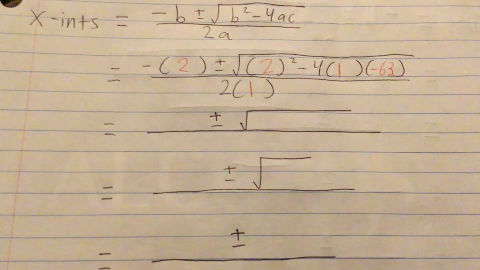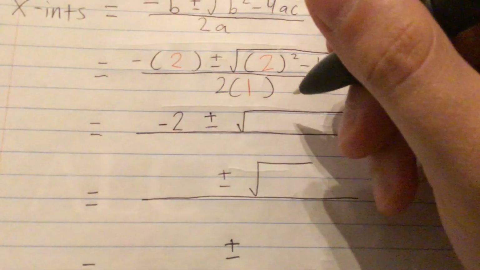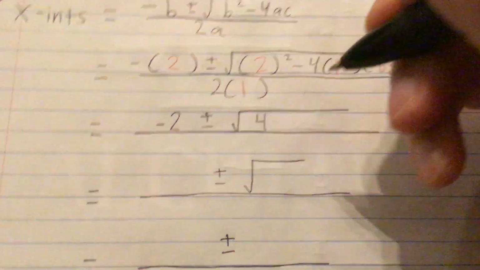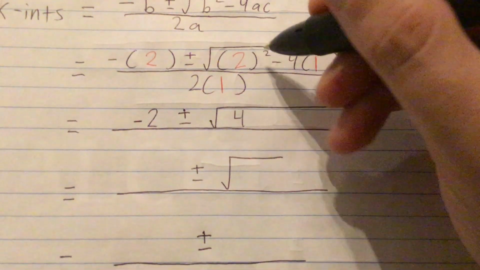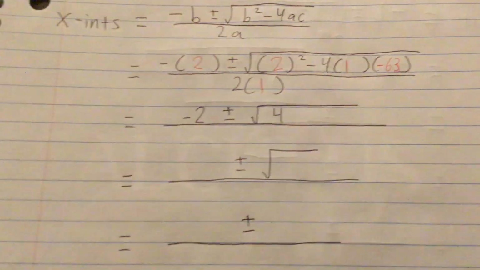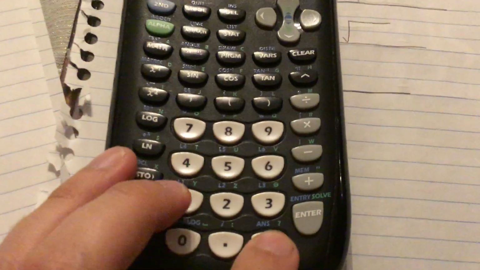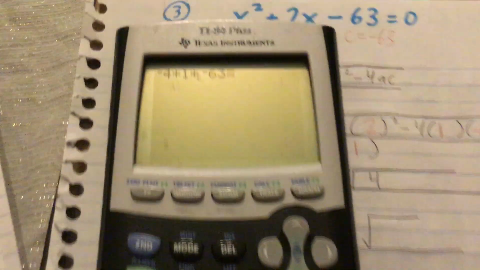Again, all the problems today have a is equal to 1. Now, let's plug in negative 2 plus or minus the square root of 4, right? That's 2 squared. And then a negative 4 times a positive 1 times a negative 63. We've got 2 negatives, so I bet you it's going to be positive. Let's plug it in. Clear. Negative 4 times 1 times negative 63.